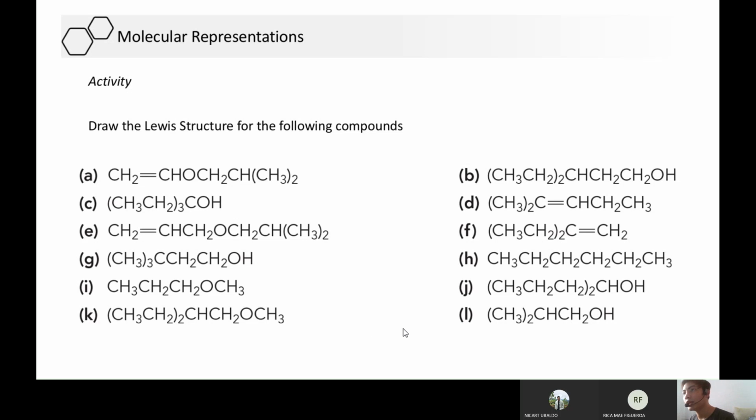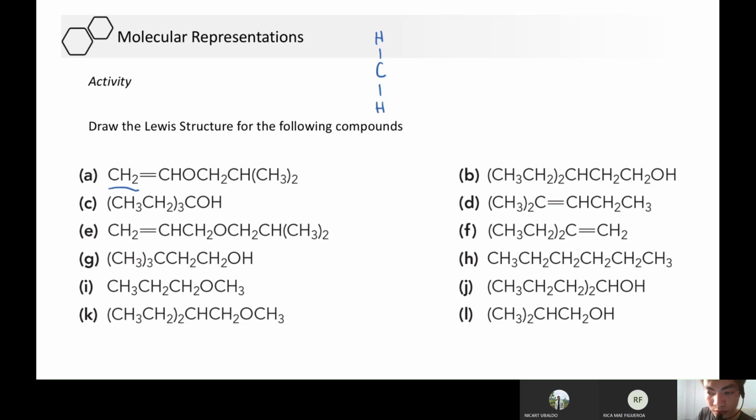I will try letter A. For letter A, I have CH2 double bond CHO, CH2, CH, and two CH3. Again, keep in mind the octet rule. Let's start on the left side. We have CH2, so I draw that as CH2.